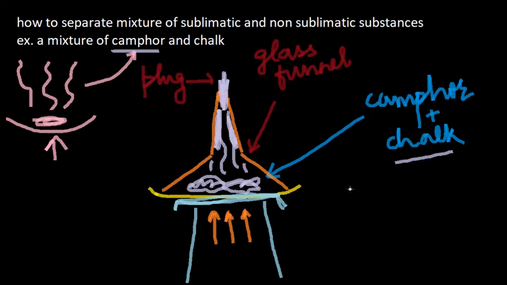Later on, what we do is we cool this apparatus and we take out the glass funnel from this place. So suppose this is the glass funnel, and on the inner surface of the glass funnel in this place we have the deposits of camphor.